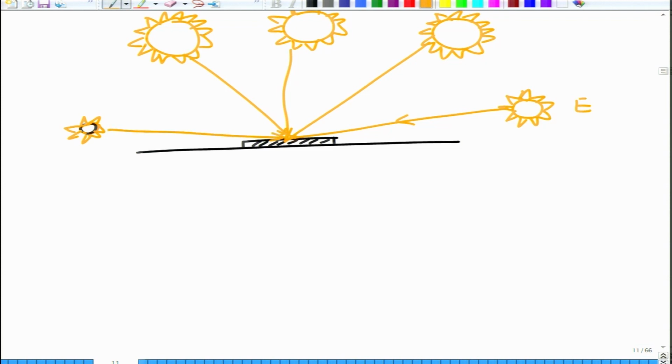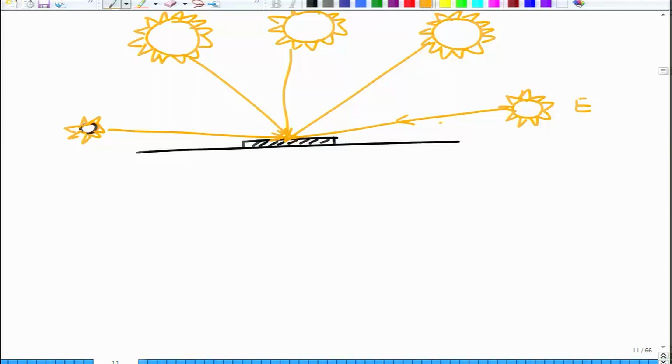So, you can see that the distance which the light has to travel changes as a function of time. So, this is let us say 7 a.m., this is about 11 a.m., this is about 1 p.m., this is about 4 p.m., and this is about 6 p.m. Okay.